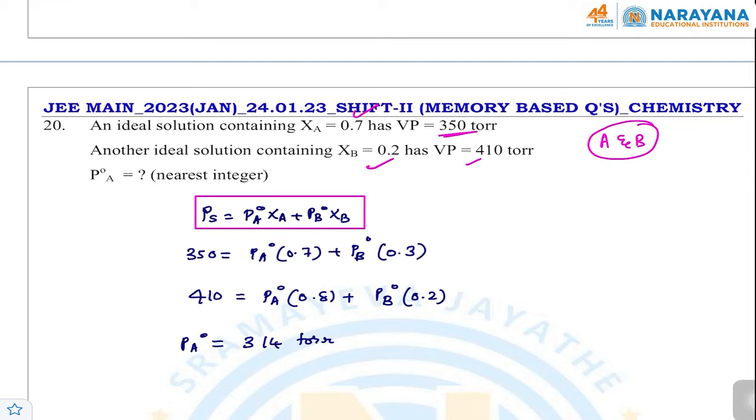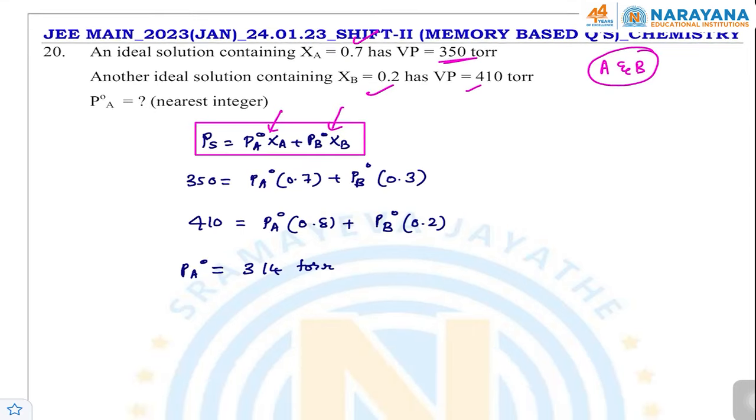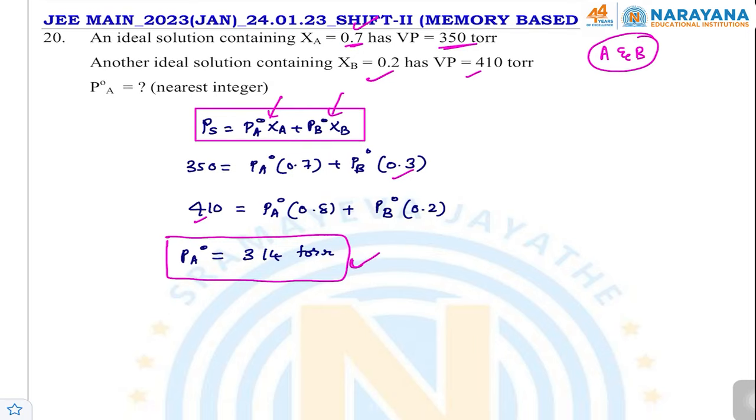Component vapor pressures will be PA0 XA and PB0 XB. Substituting the values 350 and 0.7, 410 and 0.3, and calculating, you will get 314 torr.